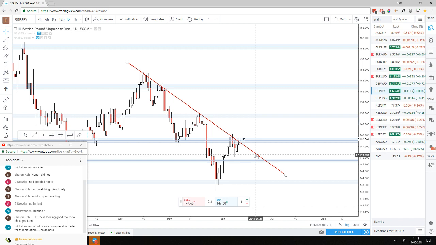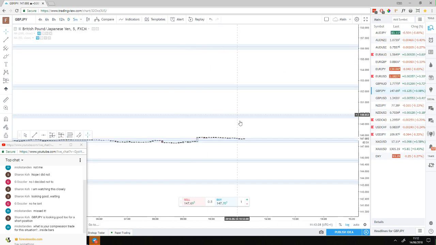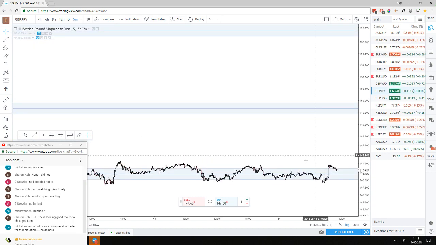I wouldn't trade this situation. This is not the kind of trade I like to take. The only way I like to trade this kind of stuff is on lower time frames, but I'm not sure about this one specifically, but let's have a look. Generally speaking, when you get moves like this compressing on top of a resistance area or a support area, if you were to drop down to the 5 minute, all it looks like is a pretty tight range.